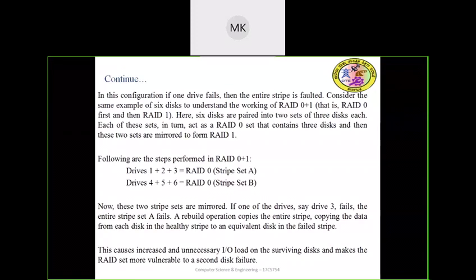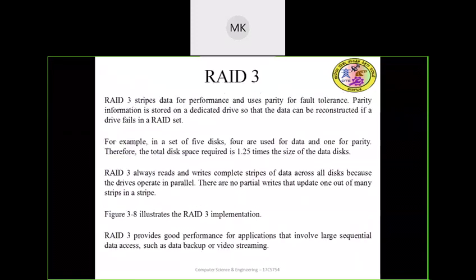RAID 3 stripes data for performance and uses parity for fault tolerance. Parity information is stored on a dedicated drive so that the data can be reconstructed if a drive fails in the RAID set. For example, in a set of 5 disks, 4 are used for data and 1 for parity.